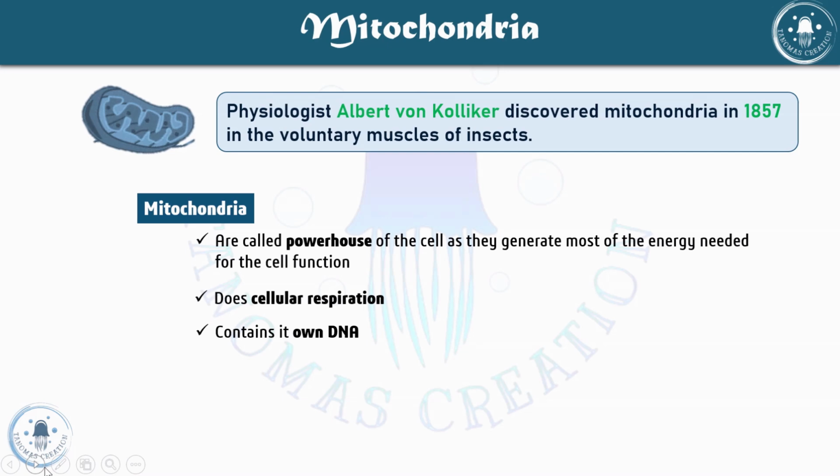Earlier it was an independent organelle, an independent part, when it was not present in the cell. That is why it contains its own DNA. After evolution occurred, it got permanently inside the cell. That's a different topic, so for now, it contains its own DNA.